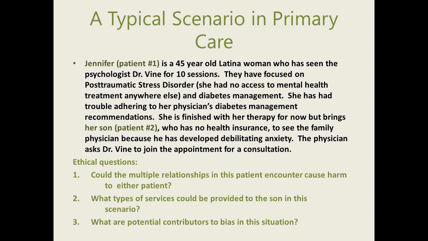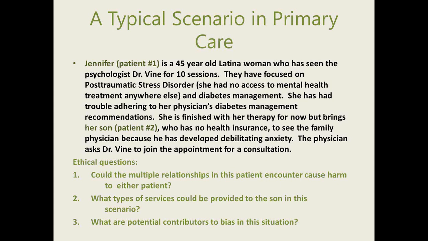Within a family medicine setting, this is a very, very common occurrence. And three, the combination of treatment focus on both mental health and medical chronic disease management. Those are all things that are common in primary care and also unique to the primary care setting. These types of things happen with much less frequency in a more traditional mental health setting.